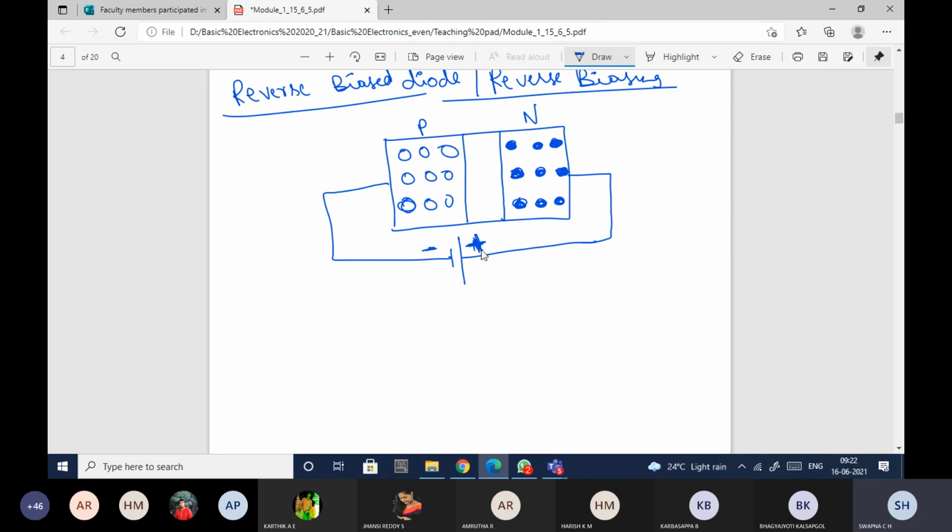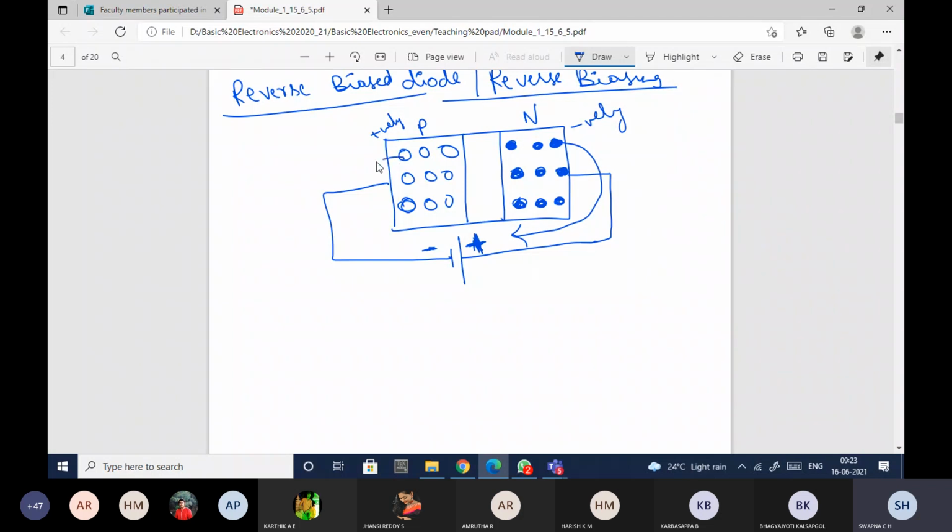So here I have the positive terminal connected to the N side. On the N side I have electrons, which are negatively charged, and holes are positively charged. So what happens here? Attraction. Yes, the electrons will be attracted towards the positive terminal.